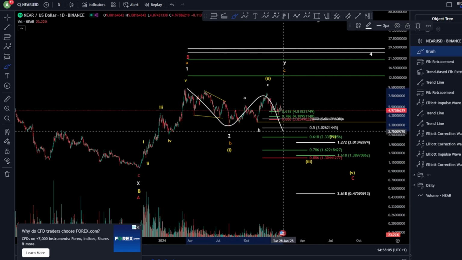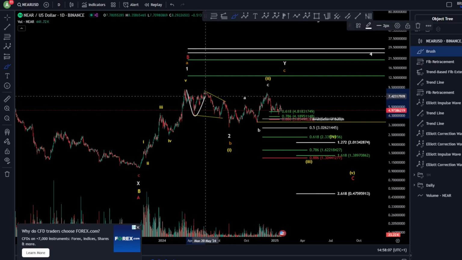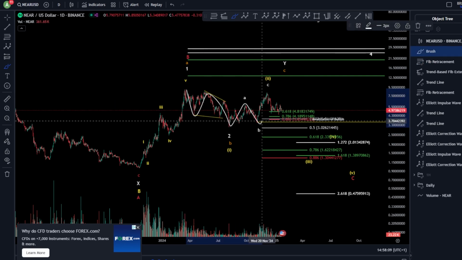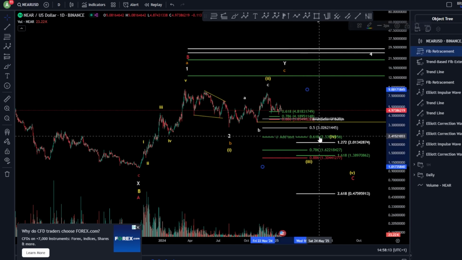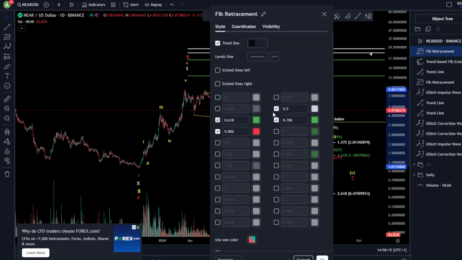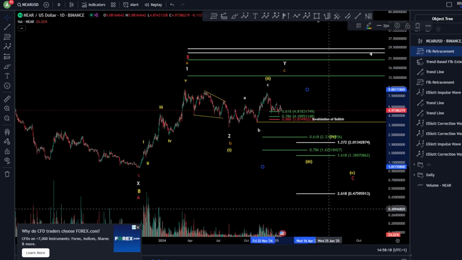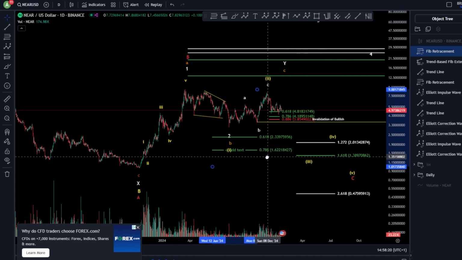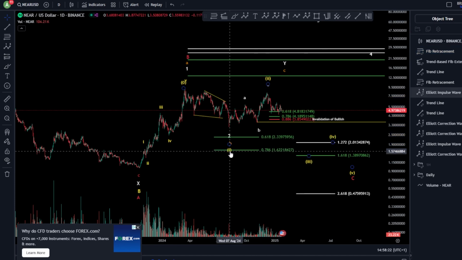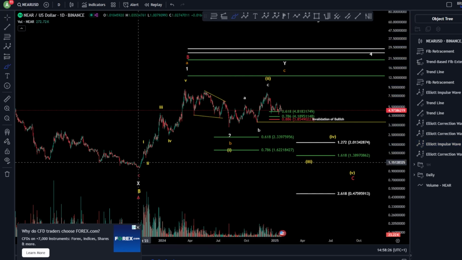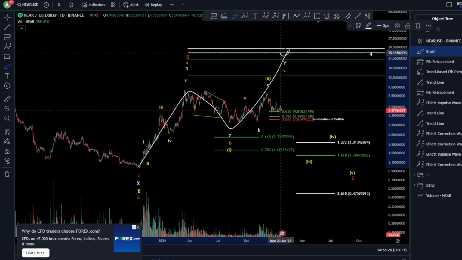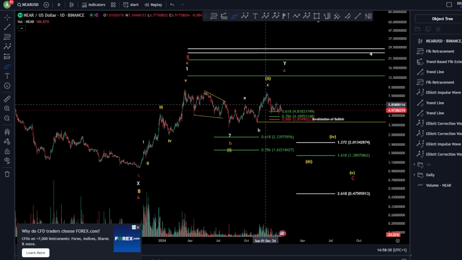But probably if this turns into 3 waves down and 3 waves up, 1, 2, 3, 4, 5, probably hitting between the perfect levels for a wave 2. So I'm gonna keep this also as a reminder. So probably we still have to catch after a wave 2 here, this one in the white scenario, where you have a 1, 2, and then 3, 4, 5 in case you are bullish.